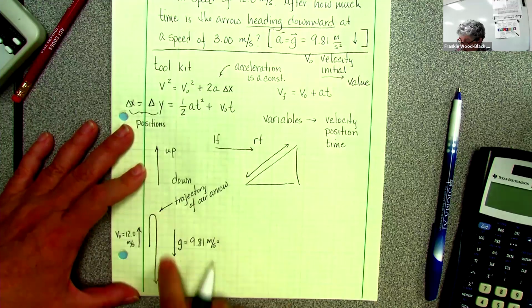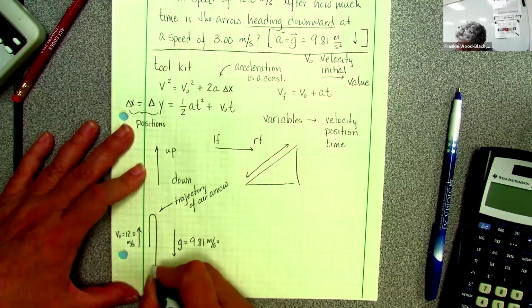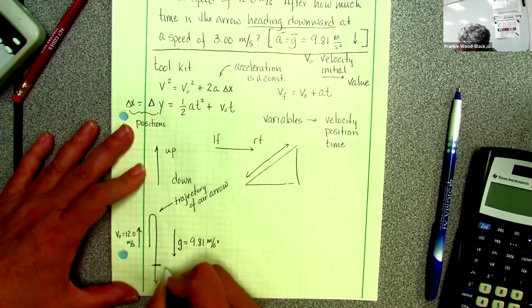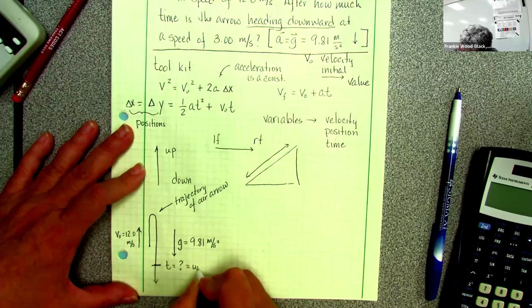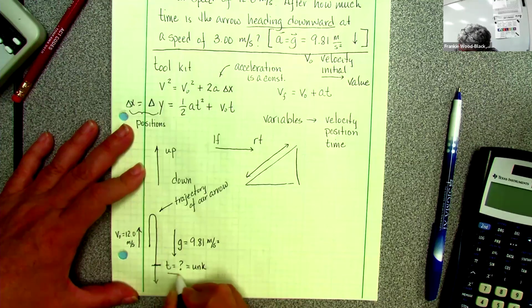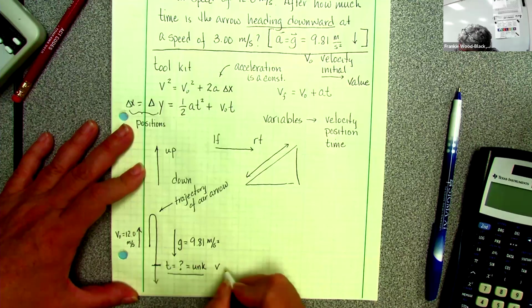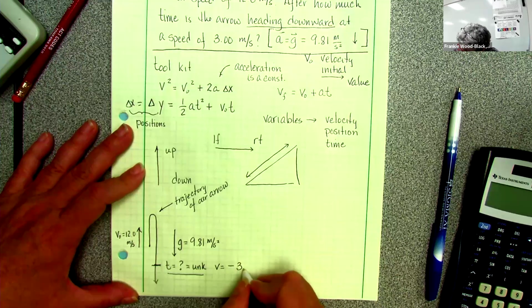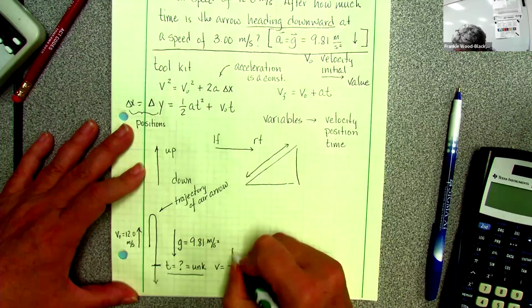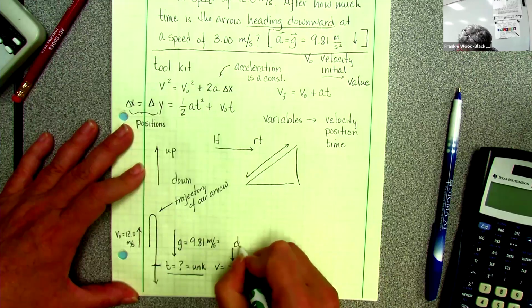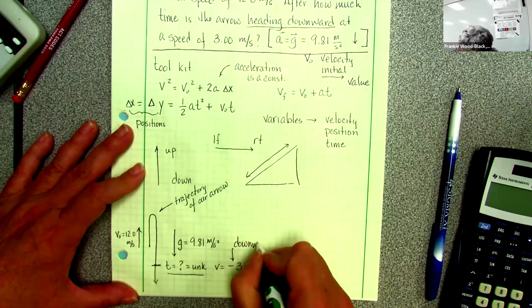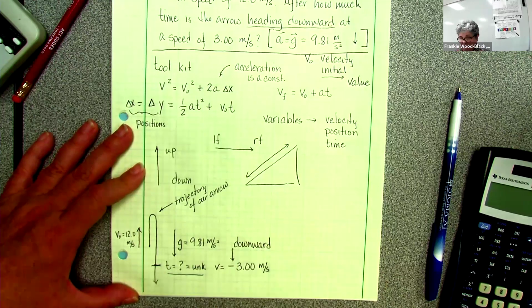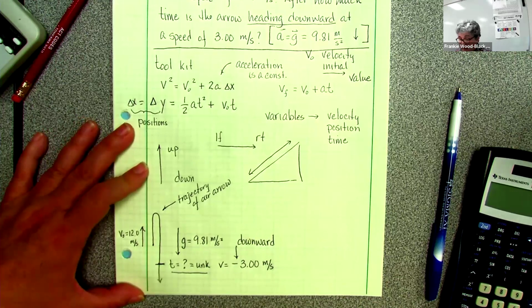And we're trying to find at some point here, we want to know the time. This is our unknown. This is what we want to know when the velocity is equal to a negative 3.00 meters per second. And the negative comes from we're going downward. So my negative's going downward.